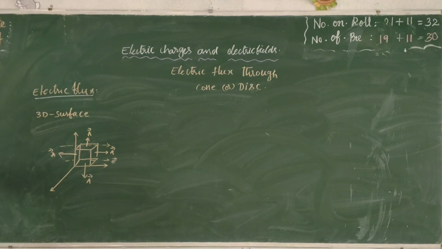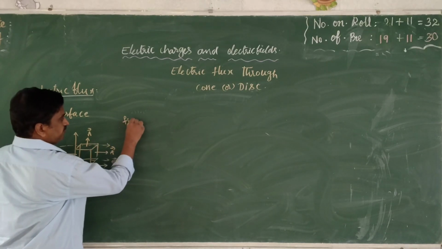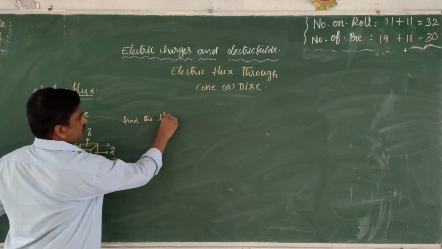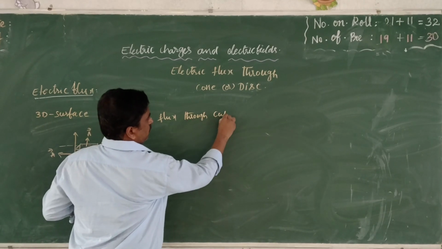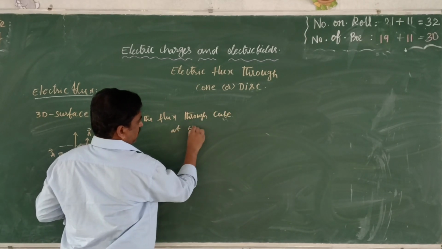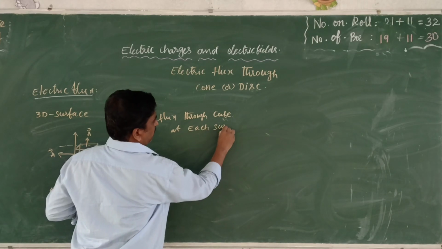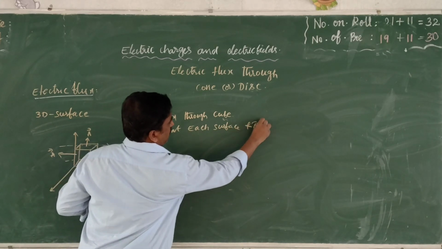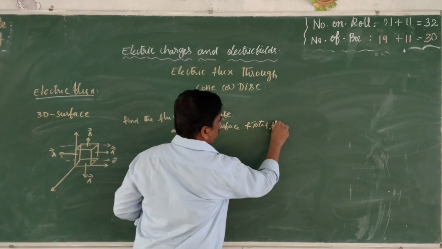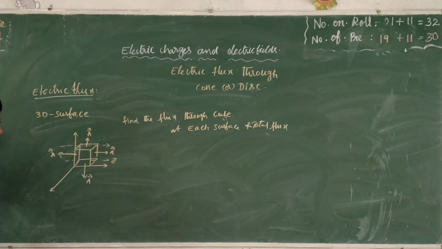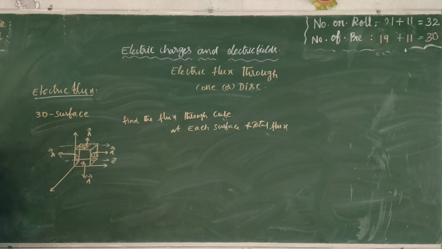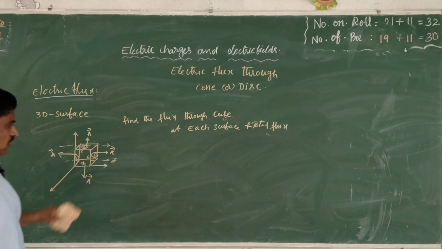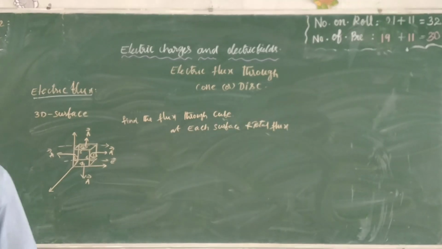Find the flux through the cube. At each surface we find the flux, and the total flux also. For example, this is the first surface, second surface, third surface, fourth surface, fifth, sixth.